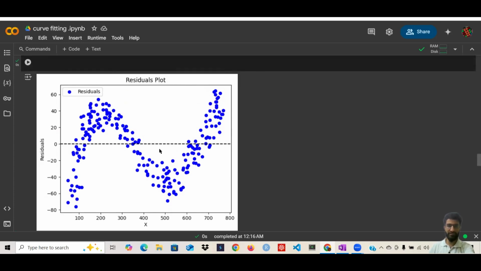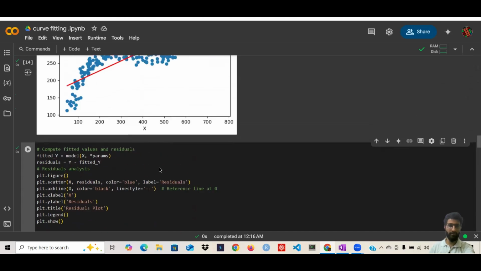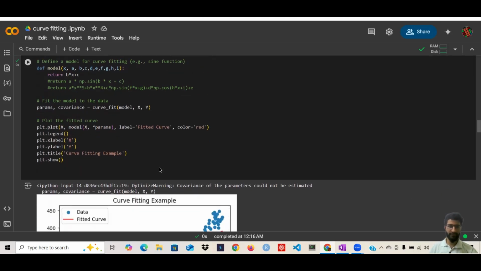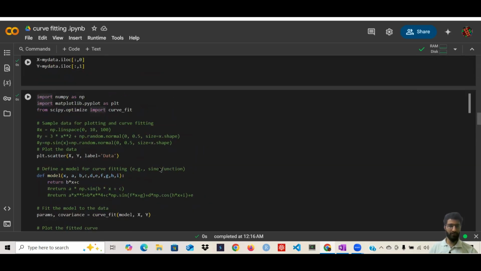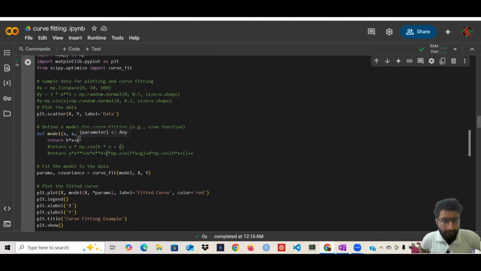Also, residuals are showing there is a pattern left which is not captured by the model. And with respect to the R square, although it's about 78%, still our model needs some improvements. Let's go for some other kind of model.